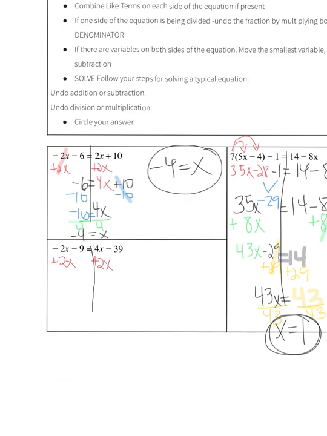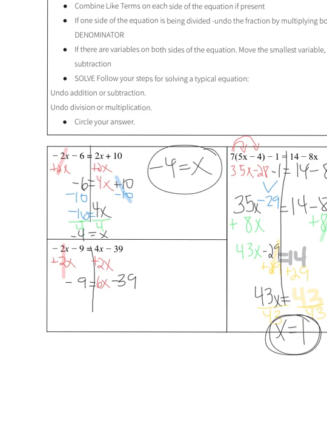Negative 2x plus 2x is 0, like I said, so this is gone. And 4x plus 2x is equal to 6x, so I have a 6x on this side. Now that I've done that, I'm going to record the rest of the equation I haven't used yet. So we have a minus 9 is equal to 6x minus 39.